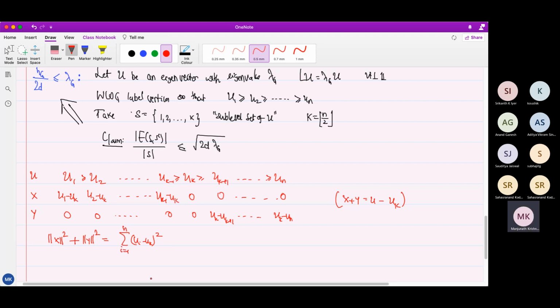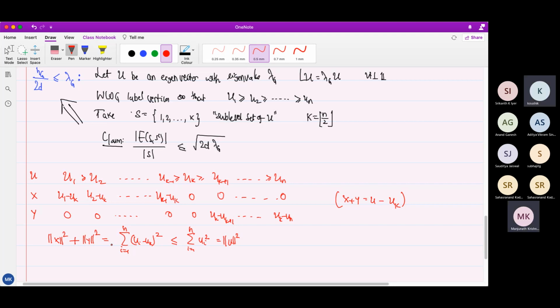UK minus UK is 0, that's not anywhere, but UI minus UK will occur here or here. So it is just this. But you know that this is less than or equal to summation UI square. That you need X and Y to be orthogonal. That's why you have that, right? X and Y are orthogonal. I don't know if that is exactly the way I will use it. Yeah, maybe. No, but the norms inequality.